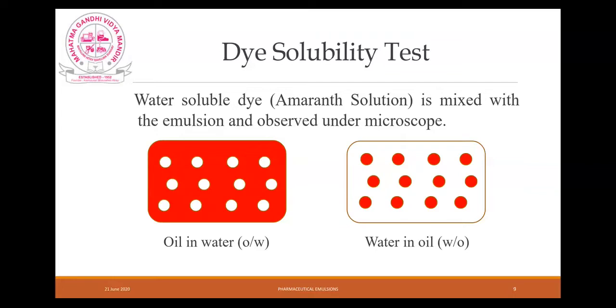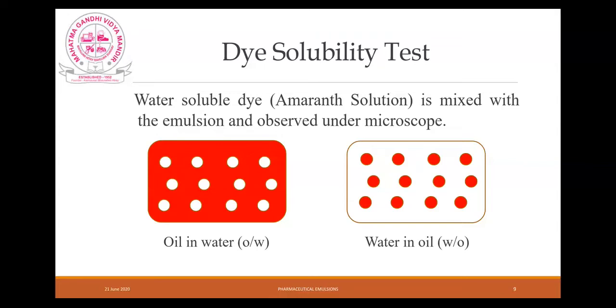As the dye is water soluble, it will be miscible with the water and give color to the water. Hence, in the case of water as an external phase, it will give color to the external phase, and in the picture we are observing that the external phase is red and the internal phase is colorless.